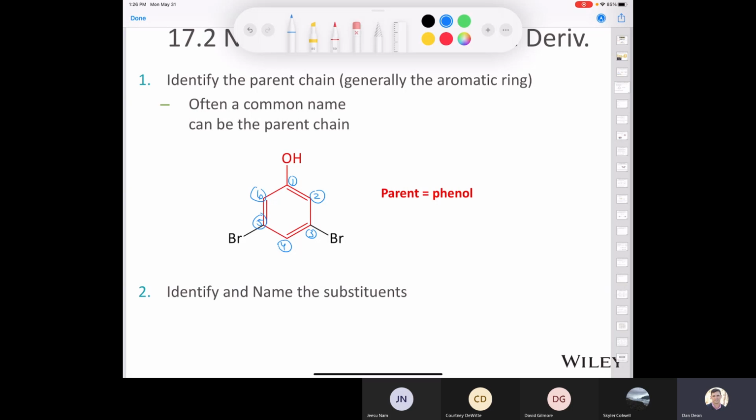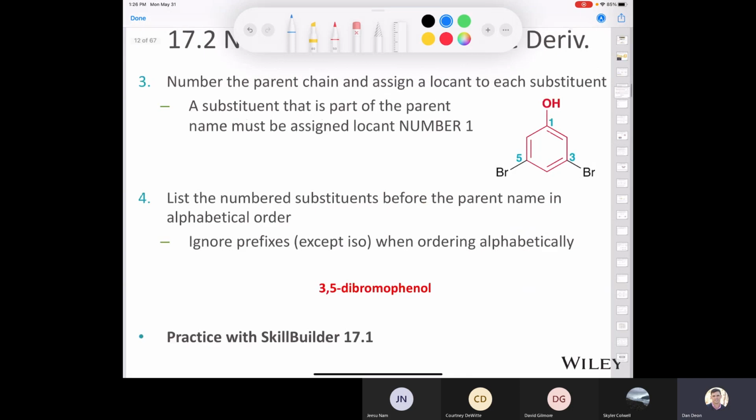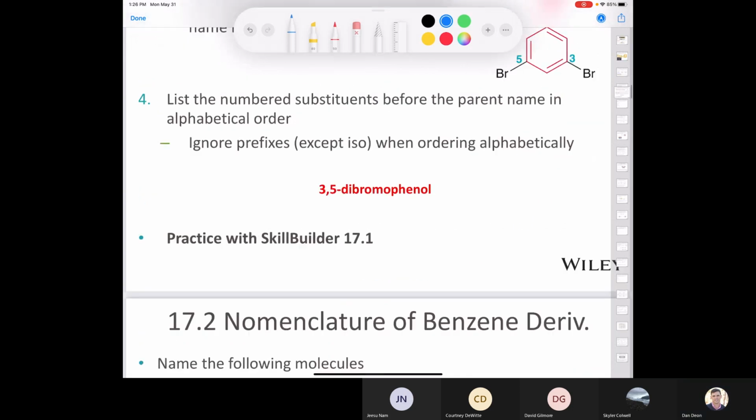So we have a 3,5-dibromo, and then we have a phenol. If we put all that together, we get 3,3-dibromophenol. There you go. All right, nothing to it.